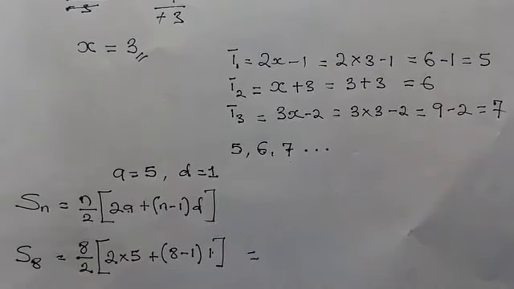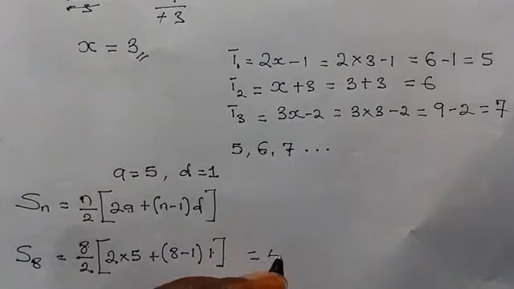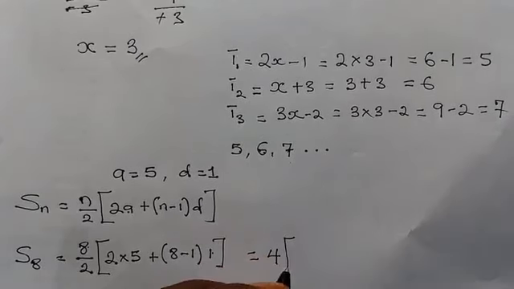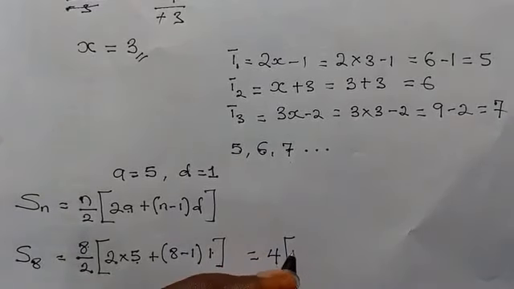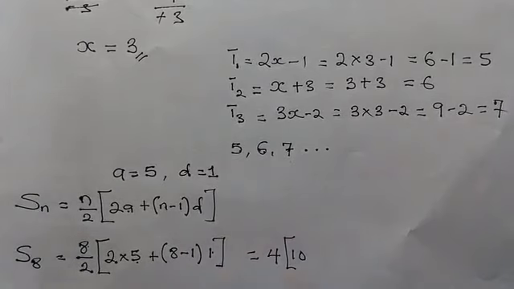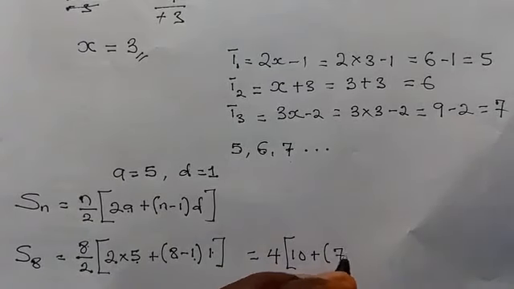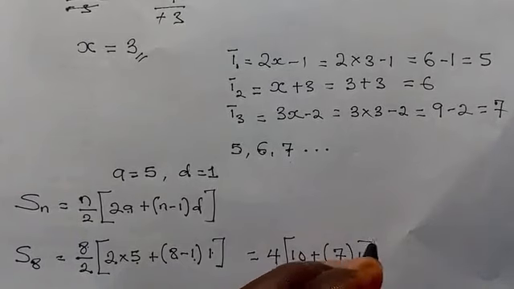This is equal to 8 divided by 2, we have 4, into 2 times 5, we have 10, plus 8 minus 1, we have 7, multiplying 1.